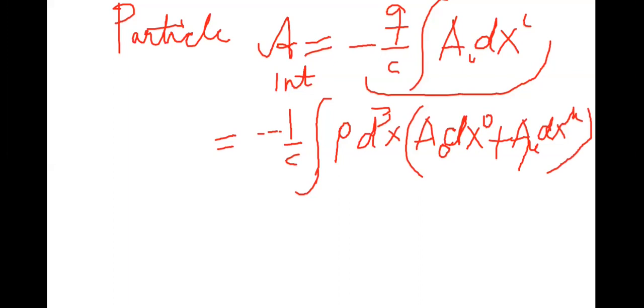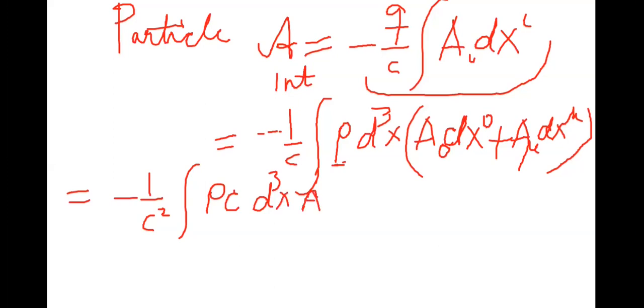Let us do it a little bit further. We can write it like 1 by c square, and let it be rho c, right? And this is of course d3x, then multiply whatever is inside, so you will have this.